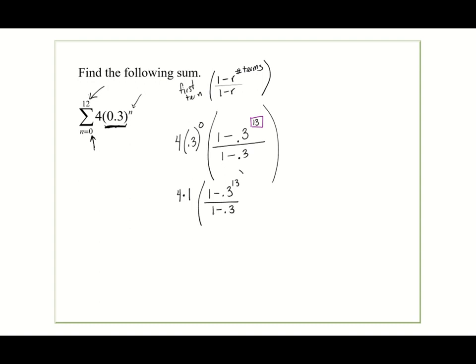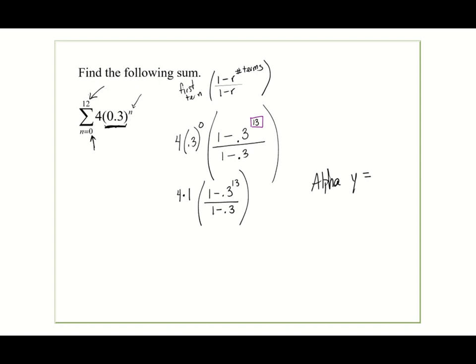I wanted to clean the stuff up in front of it, but at this point, I'm going to type this into my calculator, and I'm going to write down the answer. So I'm doing 4 times, I'm putting in my parentheses, I'm typing in the fraction. Remember, to type a fraction on your calculator, you do alpha, y equals, and hit enter. It'll give you a fraction.